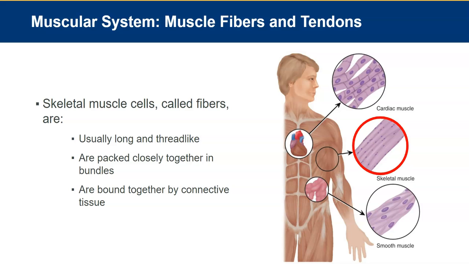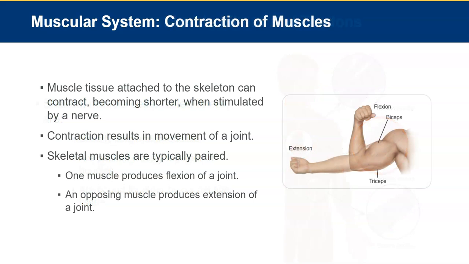Skeletal muscle cells, those straight, long muscle cells, are packed closely together in bundles and bound together by connective tissues, principally a protein called myosin. When each individual cell contracts together, the entire muscle becomes shorter.